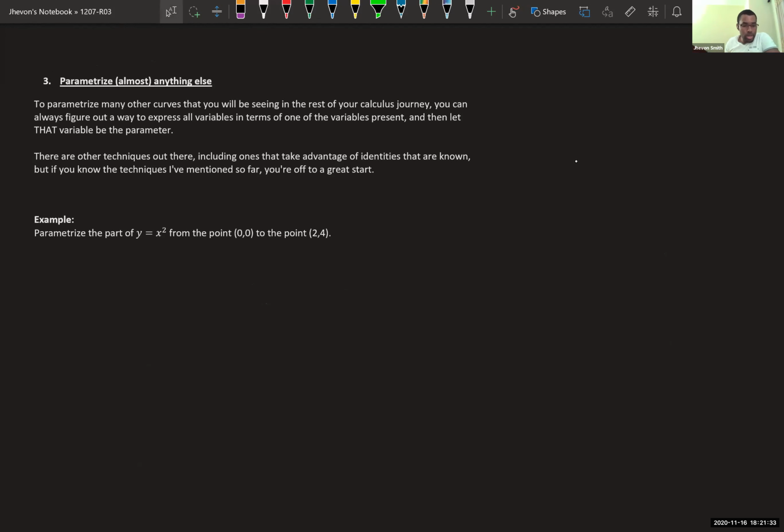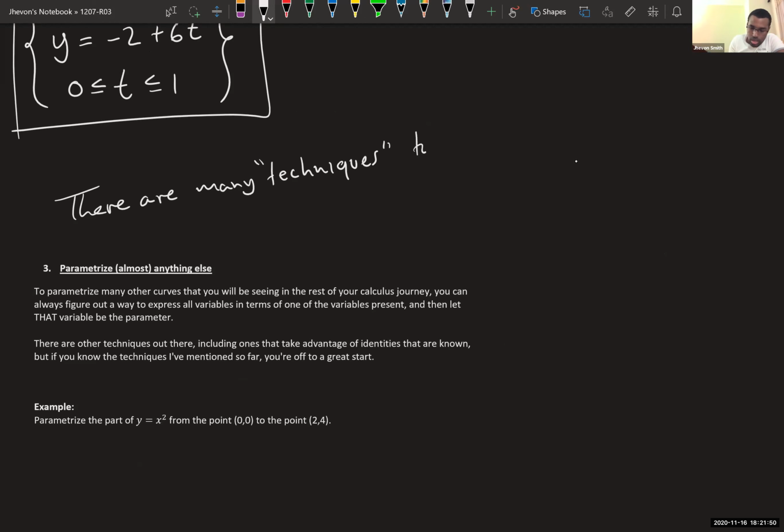Now, you can parameterize almost anything else. There are many techniques to parameterize curves.